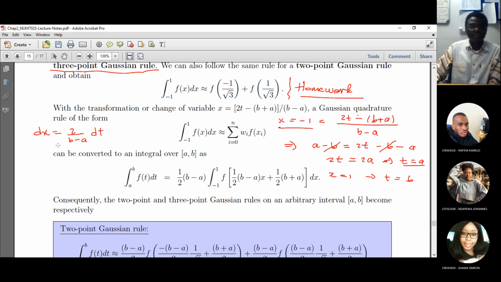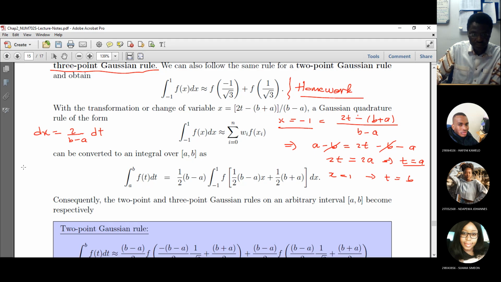Now, if you replace that in our expression, in our change of variable, we will get this.